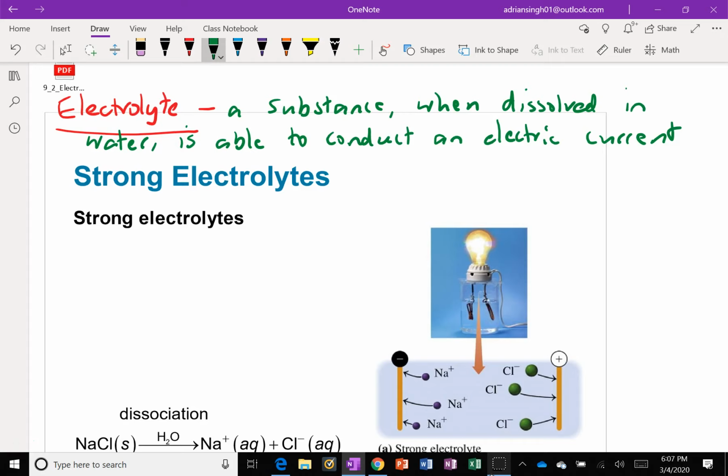So what then about that substance and the solution that it forms actually allows it to conduct an electric current? Well, you have to have charged species present. So what that means is an electrolyte, when dissolved in water, produces ions. So positive ions or cations and negative ions, anions.